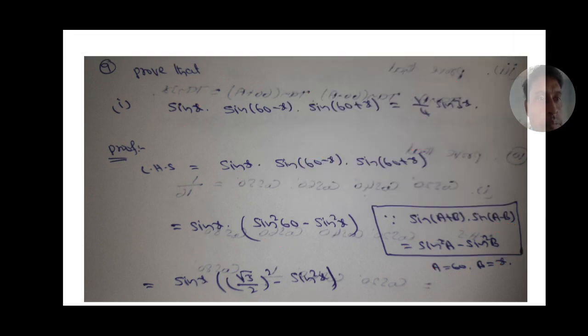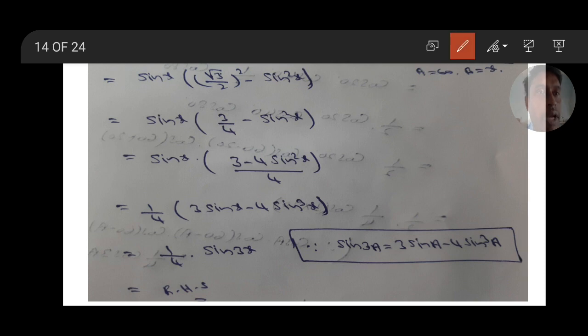Next, root 3 by 2 whole square means 3 by 4. Sin x into 3 by 4 minus sin square x. 4 is the LCM, sin x is as it is, 3 minus 4 sin square x by 4. So this 1 by 4 is outside, and multiply with sin x, 3 into sin x minus 4 sin cube x.